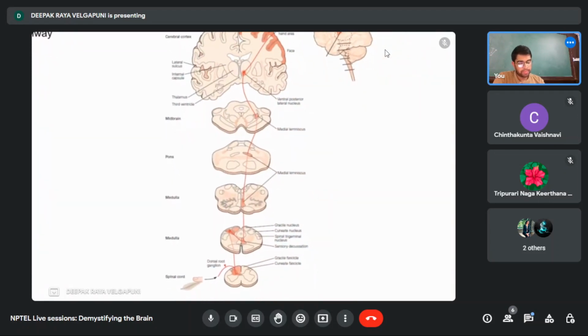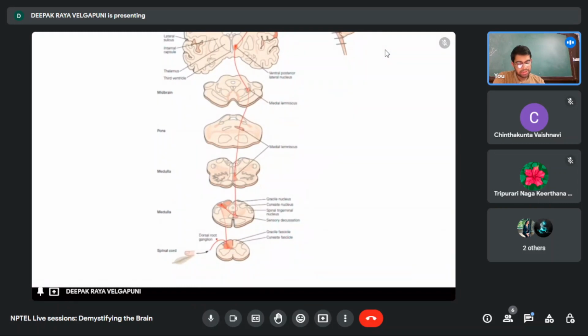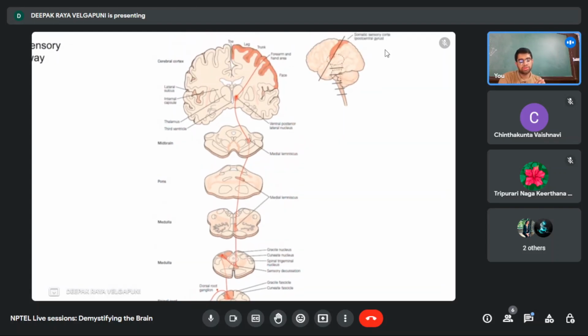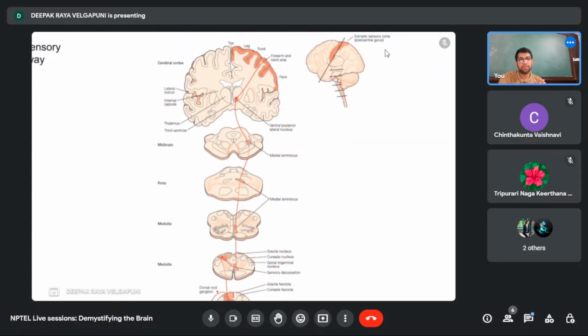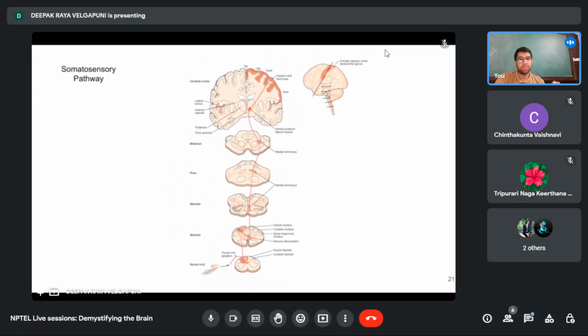Whenever you touch, the sensation goes to the sensory neurons and then travels across the medulla. Medulla decussates into different hemisphere and then propagates the signal finally to the somatosensory cortex, which processes the information as you need.